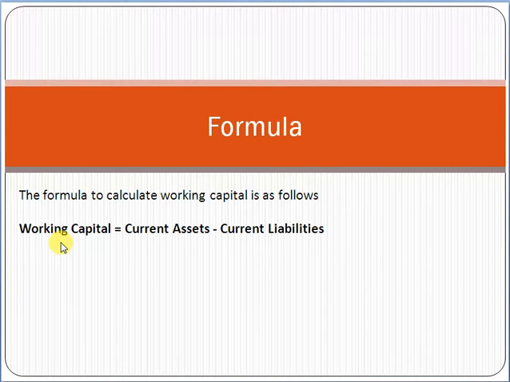So just remember that you should have an idea and concept of what working capital is. Working capital is the amount which you can invest, and to calculate it you subtract liabilities from the assets.